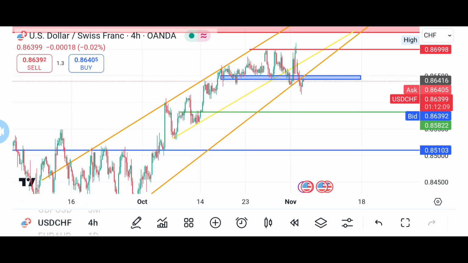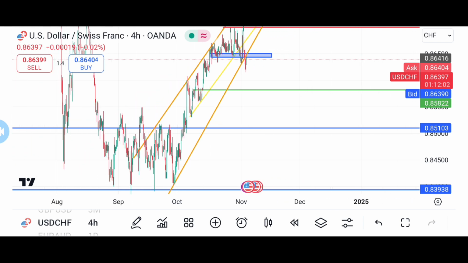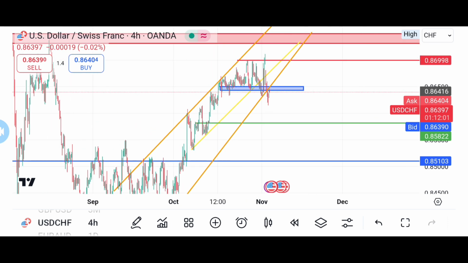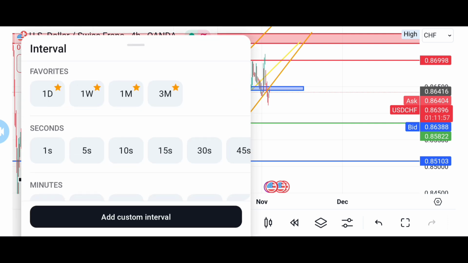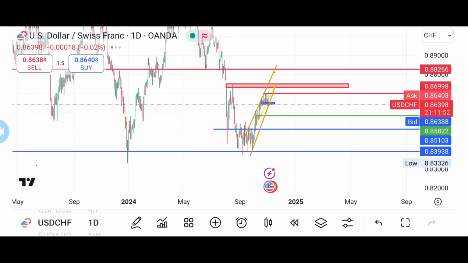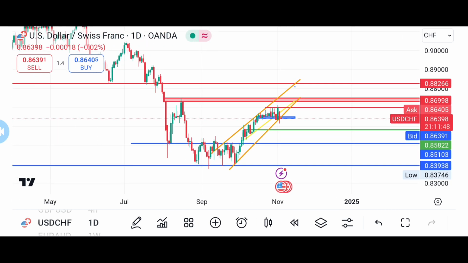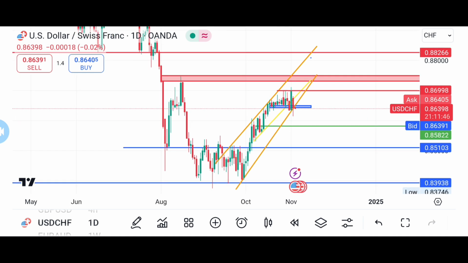So guys, I'm watching USDCHF. We can analyze USDCHF, and I've already analyzed this market. First of all, let us go to the daily time frame. In the daily time frame, this market is still bearish. Why am I saying so?